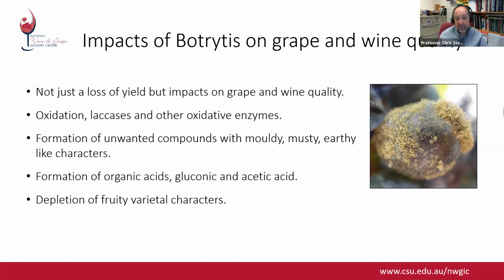We've actually dismissed them as a good indicator because the production of laccases is quite variable amongst Botrytis isolates, and it also varies according to the environment that Botrytis is in. That's the same for really all of these oxidative enzymes. So I'm not going to say anything more about laccases, I'm just flagging that it's something out there.